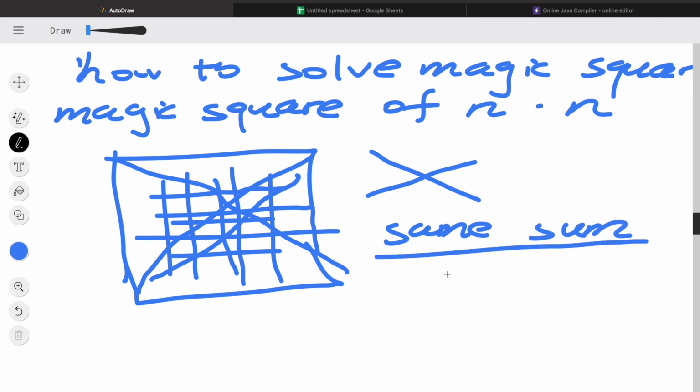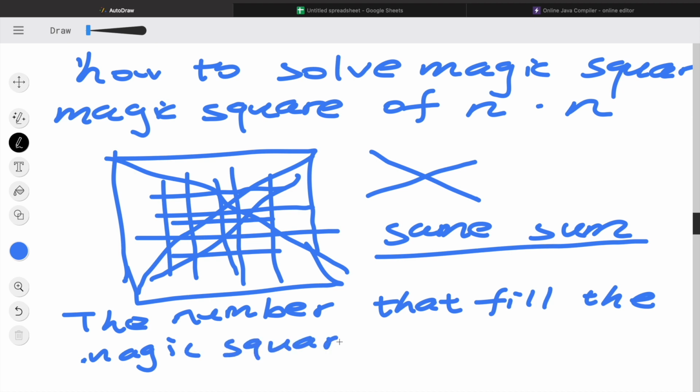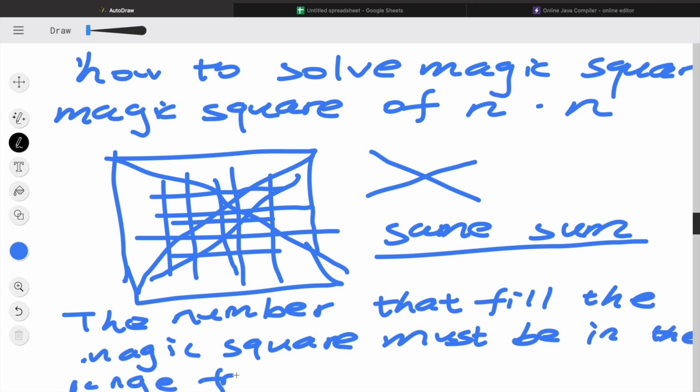And the numbers that fill the magic square must be in the range from 1 to n times n, and each number can only be used once.